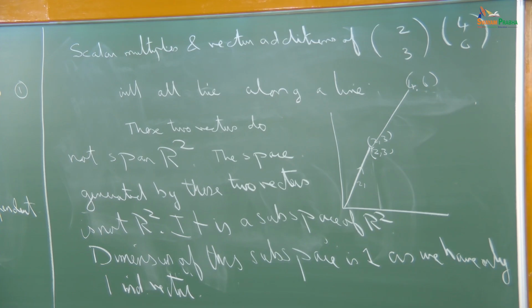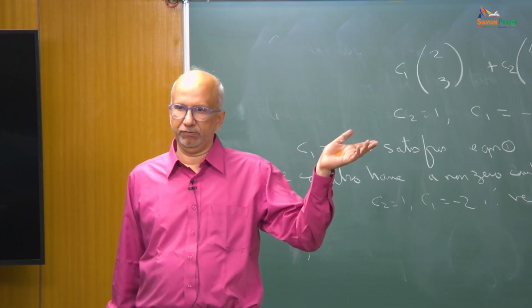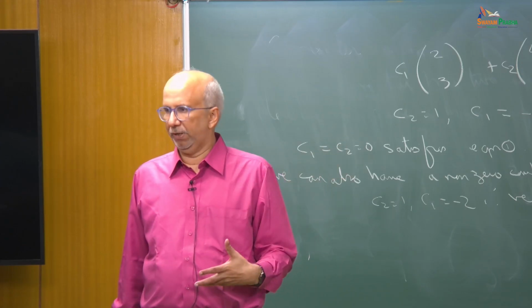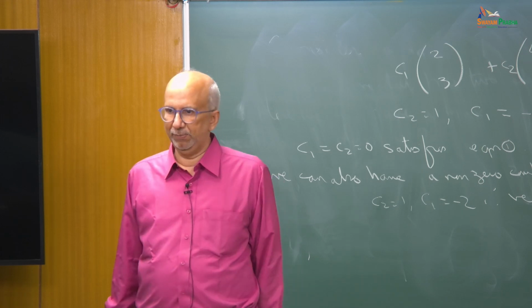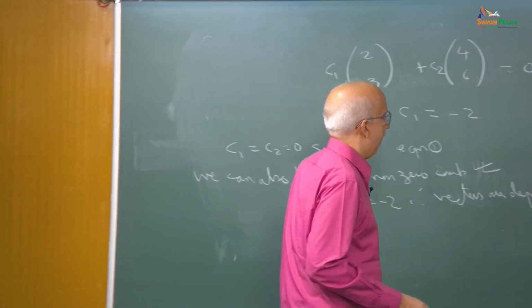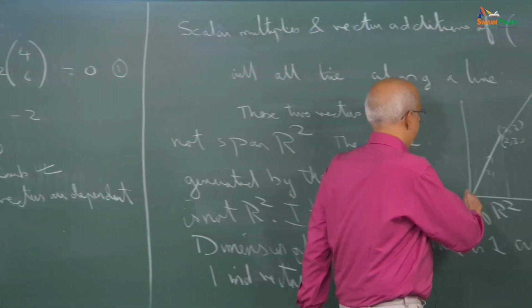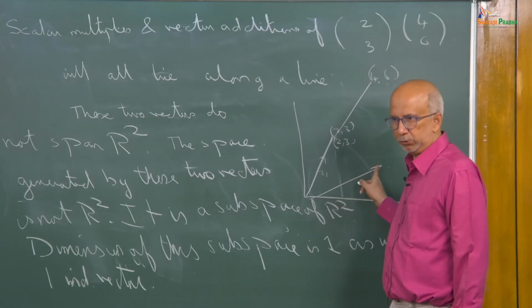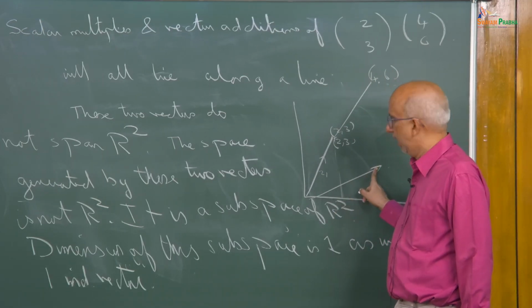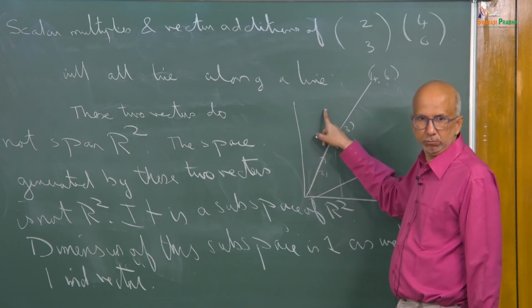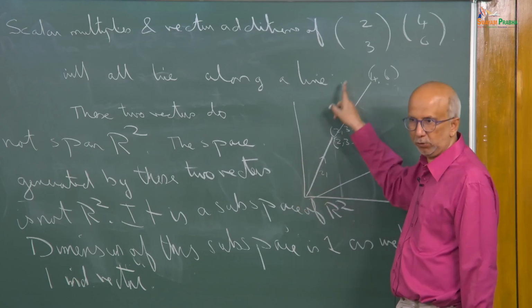If there are two coordinates and they were independent, like in the first case 1 0 0 1, I will have two independent vectors, the space generated will have dimension 2, okay, and that will basically help me generate. So, you understand, I cannot generate this vector, this is also belonging to R2 because it has two coordinates, but can I get it by adding or doing scalar multiple of this? No, I can only get vectors along this line.